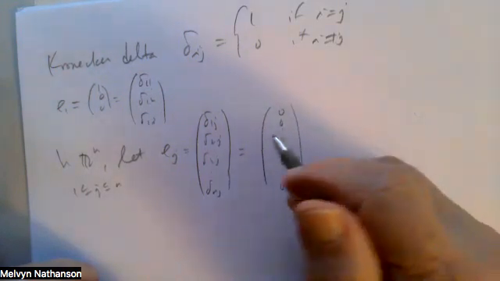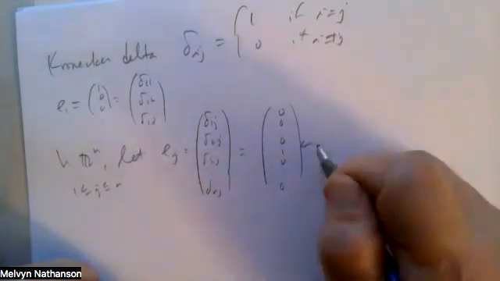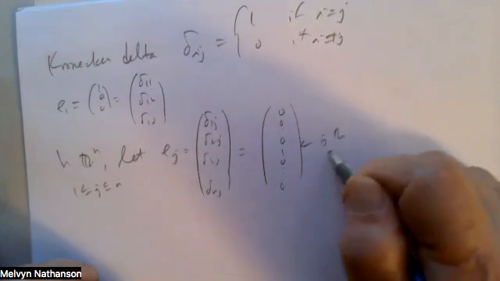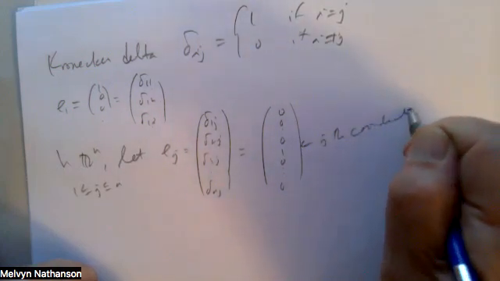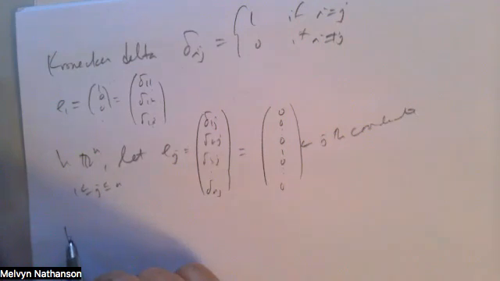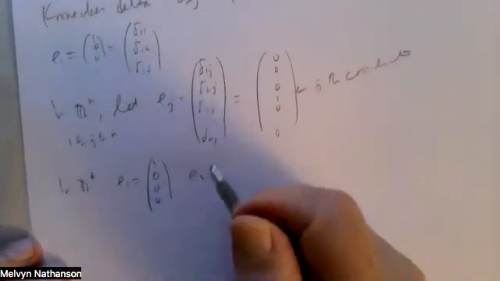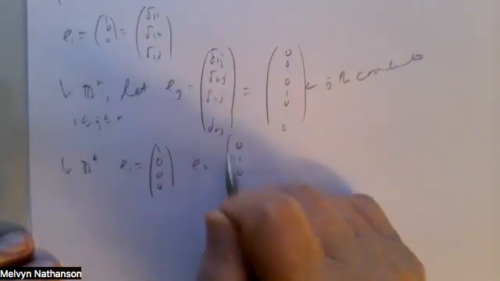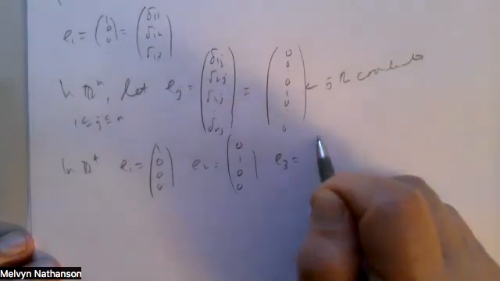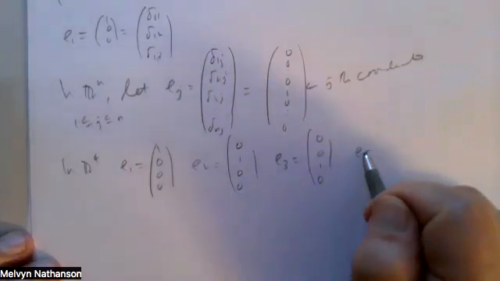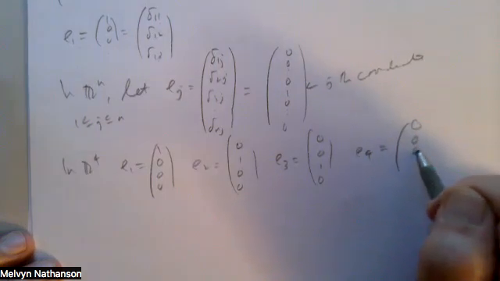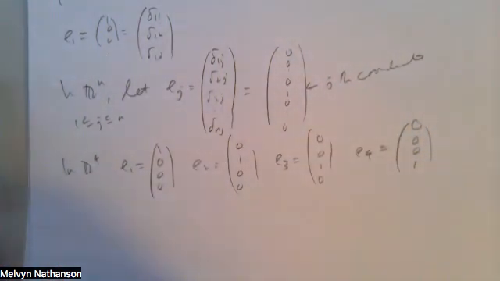So this is the vector which is all zeros except for a 1 in the jth coordinate. So for example, in R4, E1 is (1, 0, 0, 0). E2 is (0, 1, 0, 0). E3 is (0, 0, 1, 0). And E4 is (0, 0, 0, 1). And you can check these vectors are linearly independent.